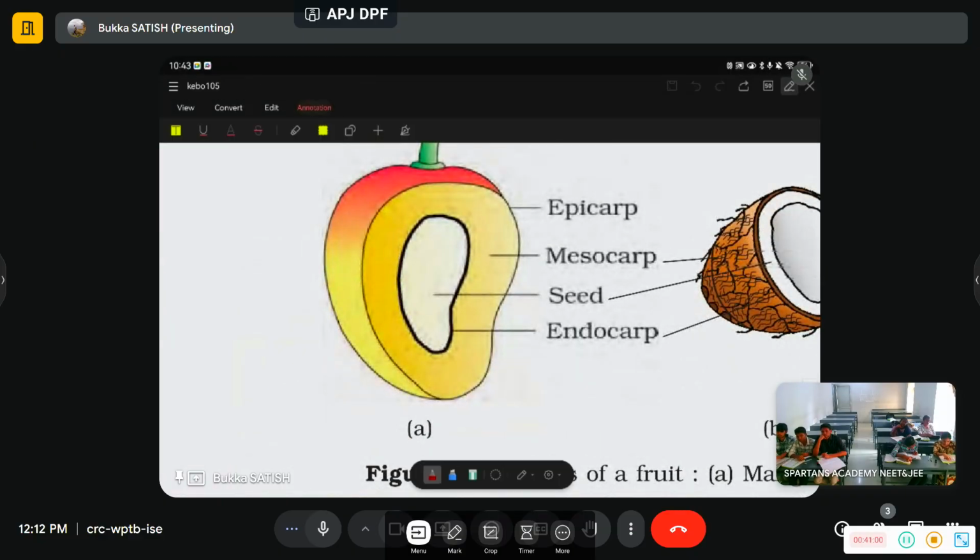As you know, after ripening, epicarp is the one which will become leathery in the mango. The leathery one is epicarp. The fleshy, juicy one is mesocarp. Endocarp is actually stony. Inside that there will be seed. A seed you can't see because it is present inside the stony endocarp.